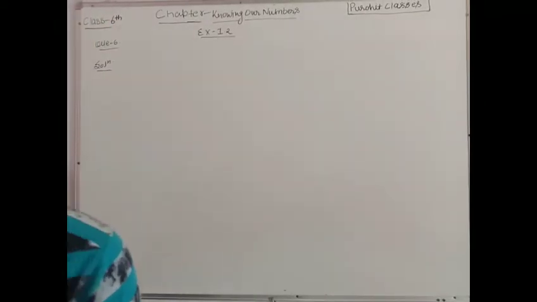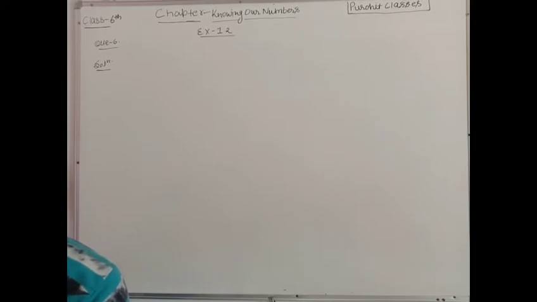So for getting the answer, we should know how many days are there in the month of January. And as you all know very well, January consists of 31 days.